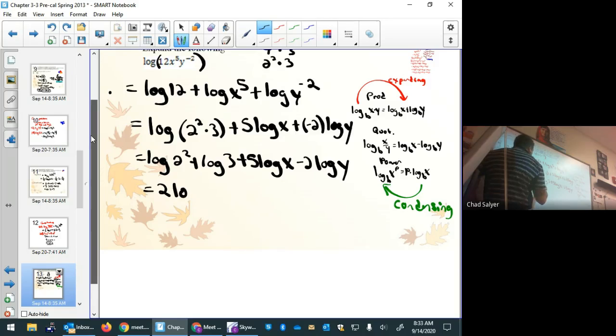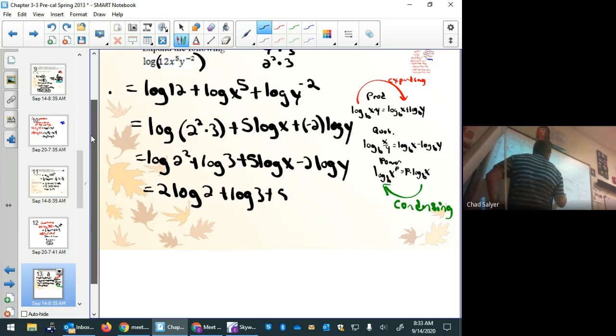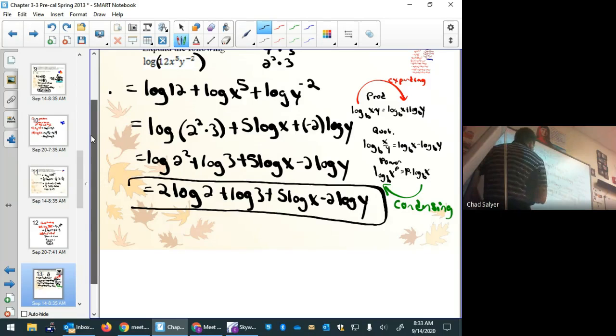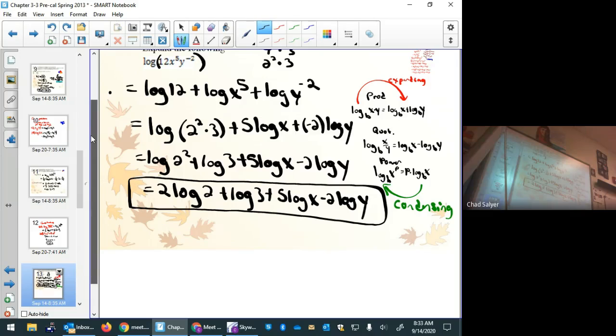So last step, I'm going to use the power property again to get this. So that's expanding the logarithmic expression. And again, that's something we might have done many years ago to compare to a table.